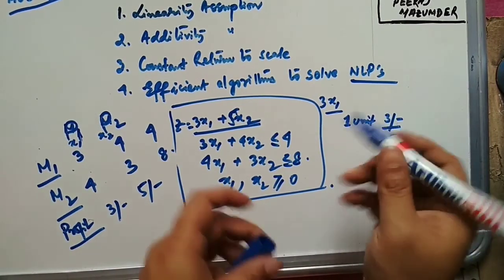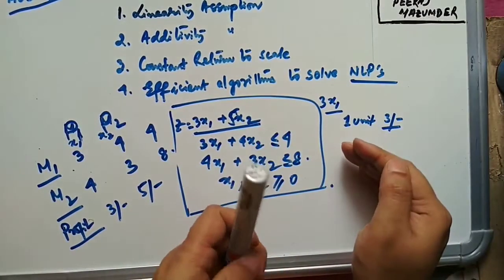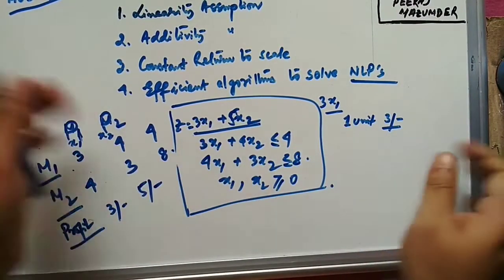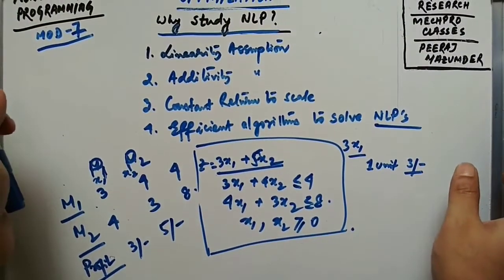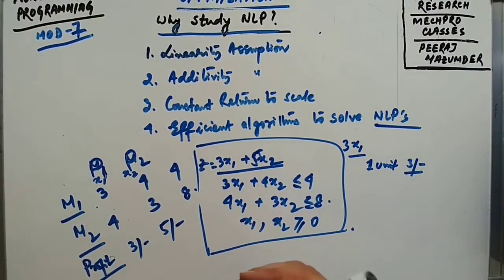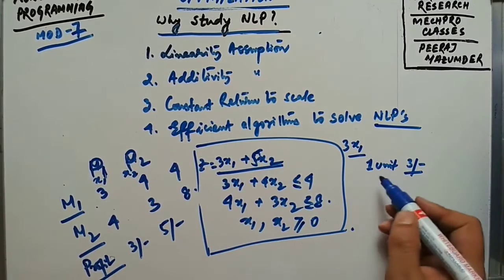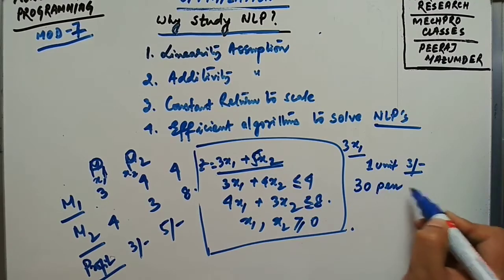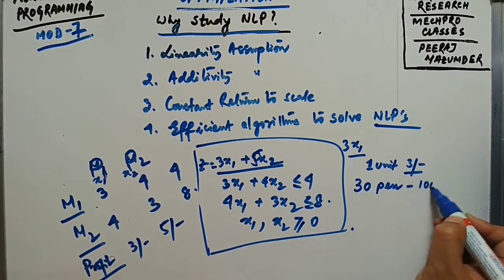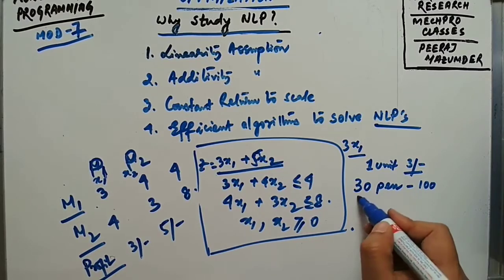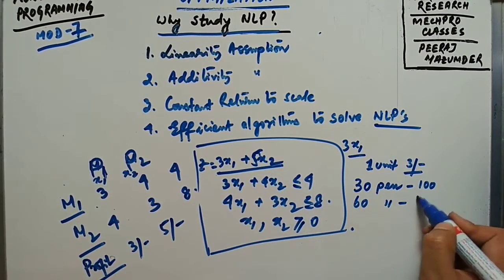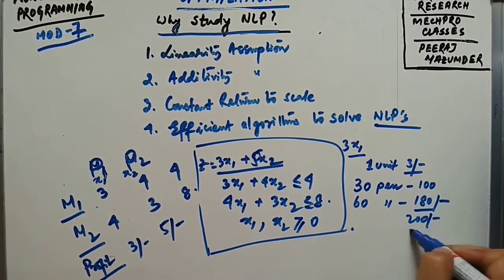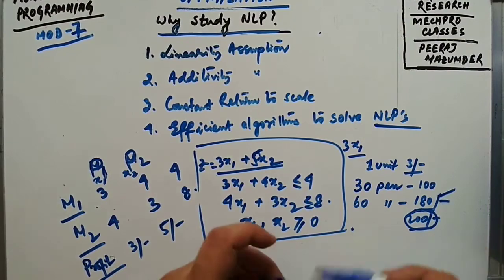Say when we go to a shop and buy a large amount of products, the shopkeeper or the distributor gives you a huge discount. When you buy 30 pens, they sell at, say, 100 rupees, but for 60 pens they sell at 180 rupees. It should be 200, but you get 20 rupees as discount.